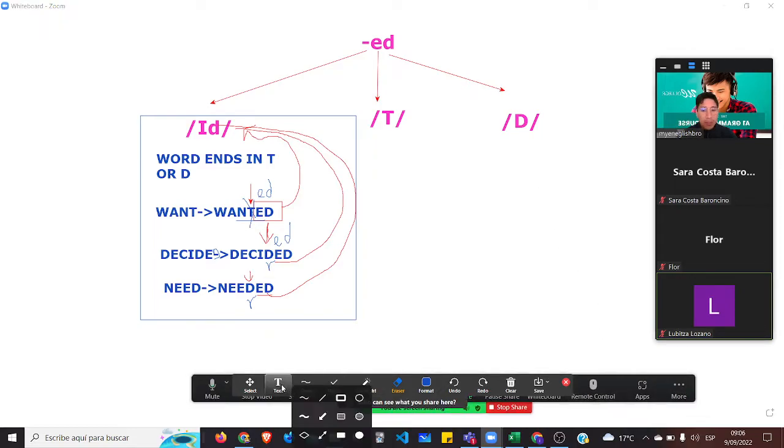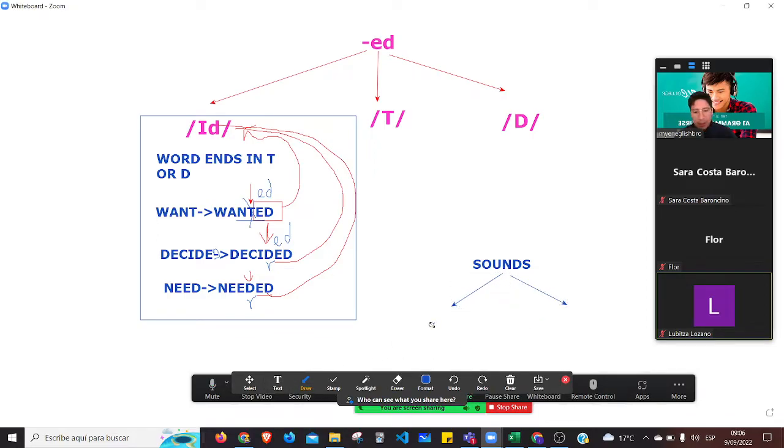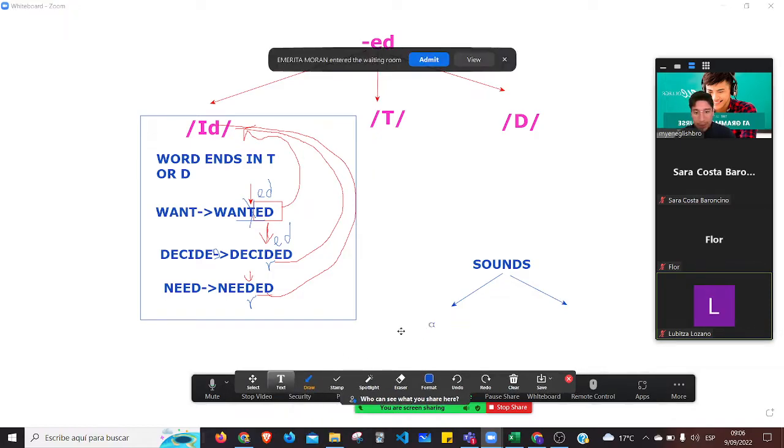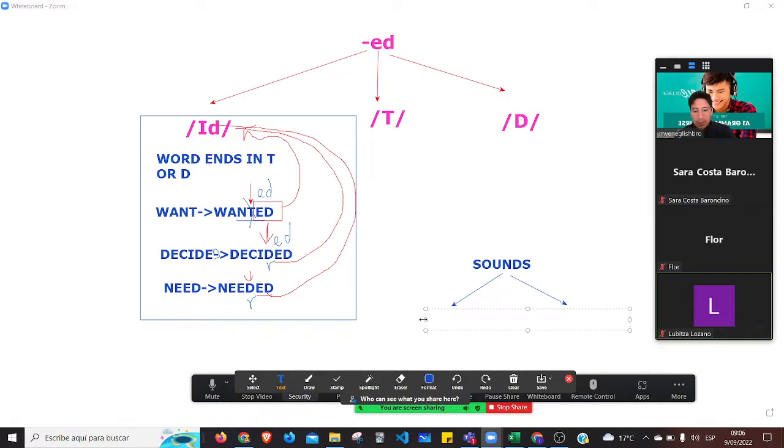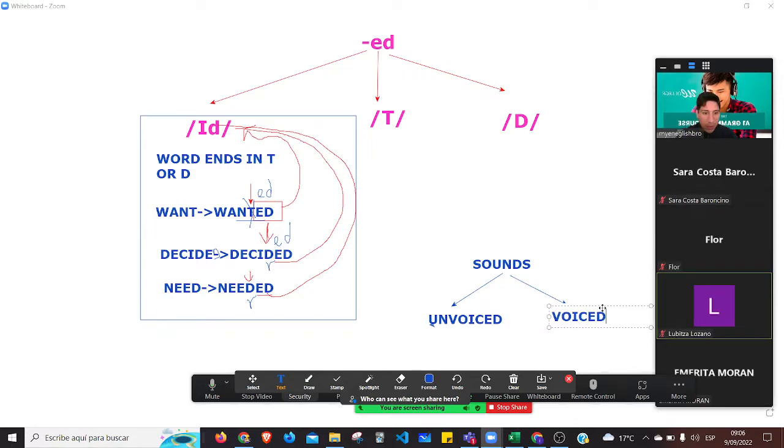Now, before we use the second and the third one, we have to focus on this part. In English, we have sounds. The sounds can be divided into two groups. It can be unvoiced, and then can be voiced. Voiced and unvoiced.